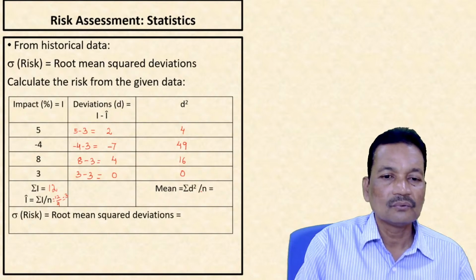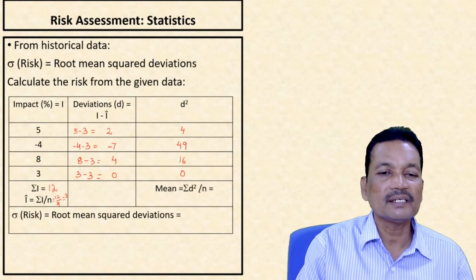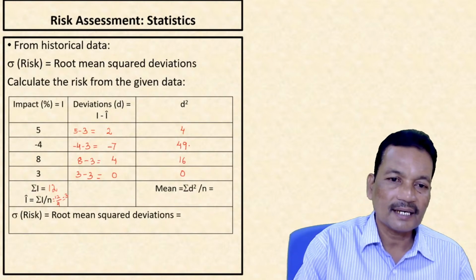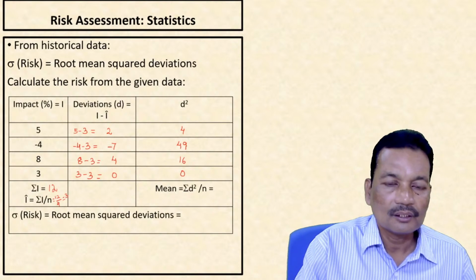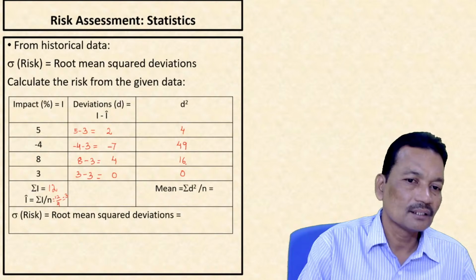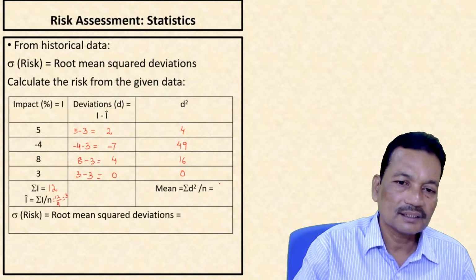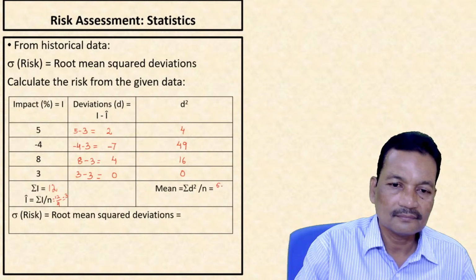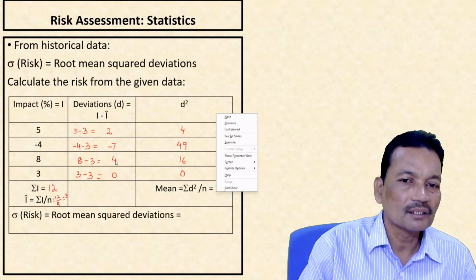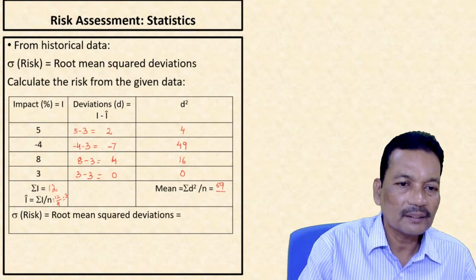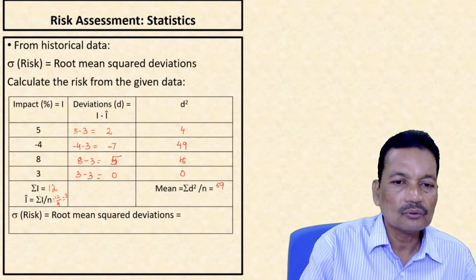Now, what is the mean of the squared deviations? Now I add all the squared deviations.